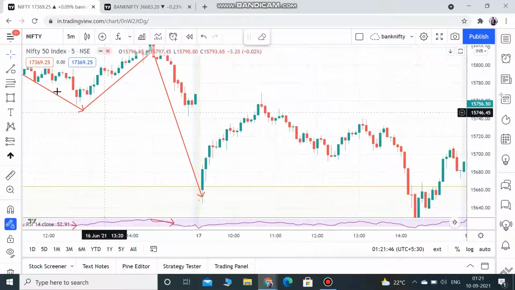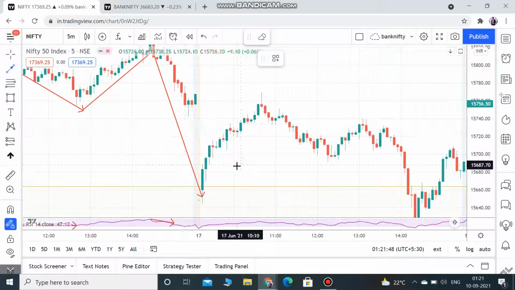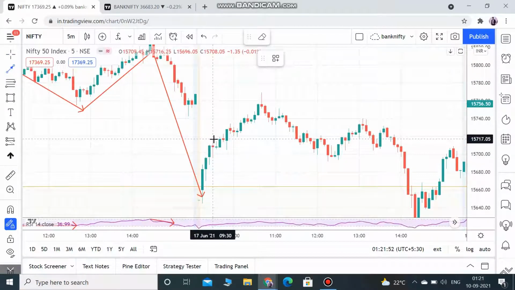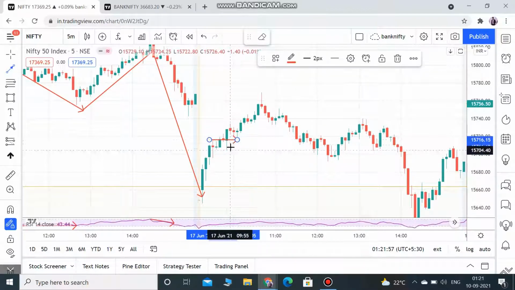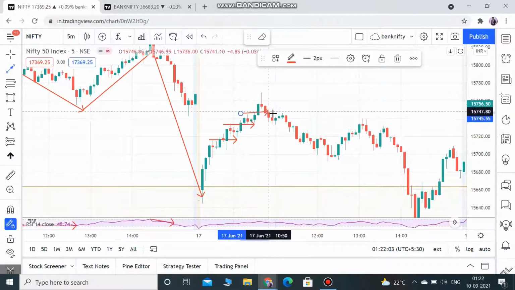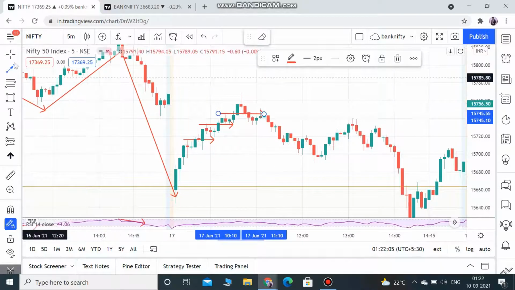Here also you can use the higher high and higher low concept, where this was a particular high, then once you mark this high, it has crossed again. If this is my particular high, it has crossed again.